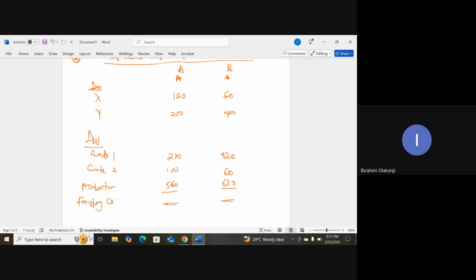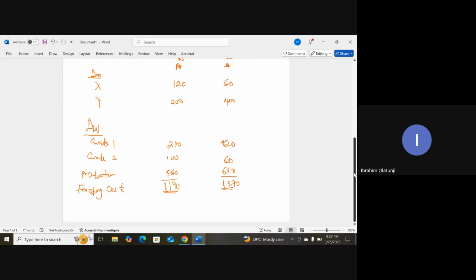Please figure me the total factory cost. For A it is 1,190. For the second one, 1,570. So these are our factory costs.